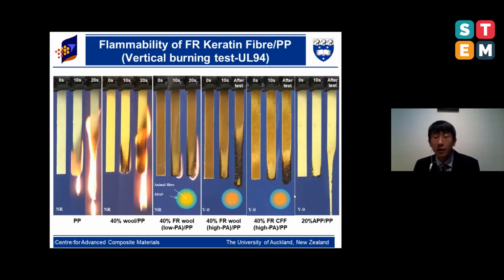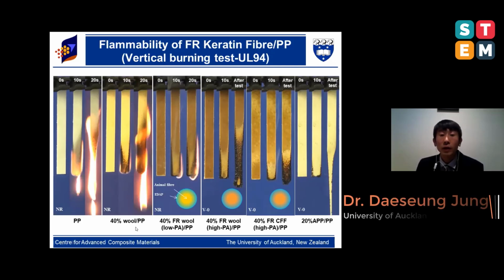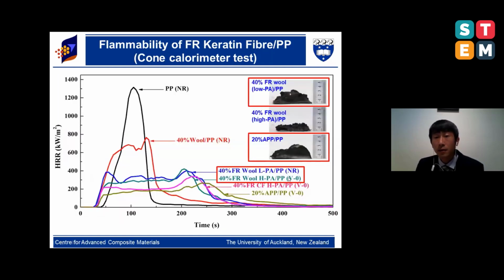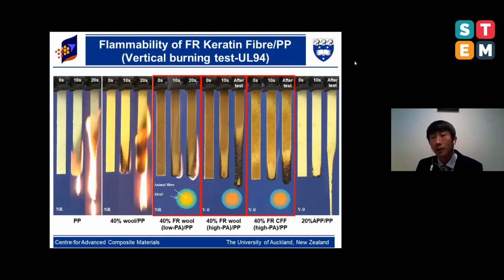So using the flame retardant keratinous fiber, we produced the composite. Unlike pure polypropylene and only wool fiber modified polypropylene composite, this flame retardant keratinous fiber modified composite achieved V0 grade. It is comparable with the APP-PP.